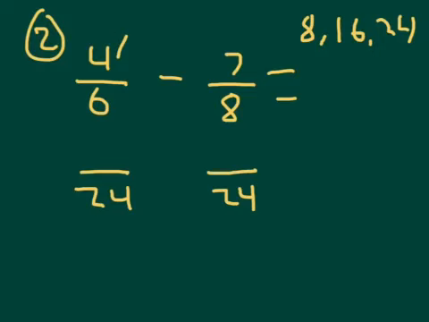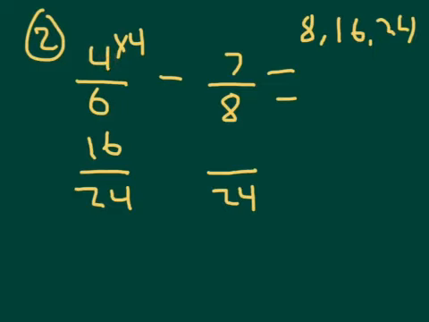So you want to multiply that top by 4. 4 times 4 is 16. Hopefully that makes sense: 6 times 4 is 24, so you have to multiply the 4 on top by 4 as well.